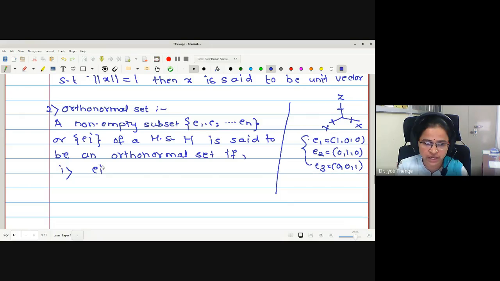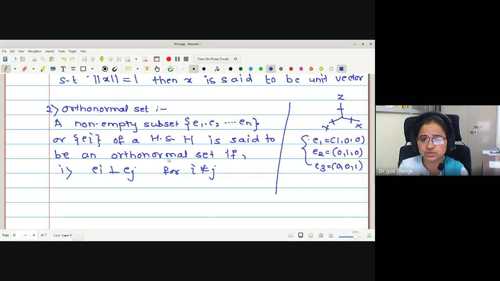The first condition is Ei is orthogonal to Ej for i not equal to j. Why are we saying i not equal to j? Because E1 cannot be perpendicular to E1. If it is so, E1 is 0. Zero is the only vector which is perpendicular to itself.